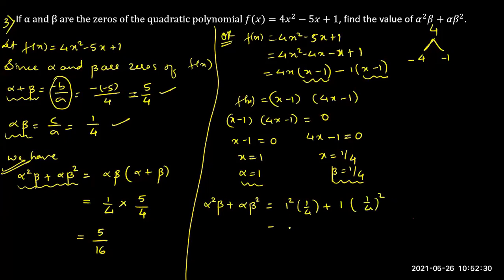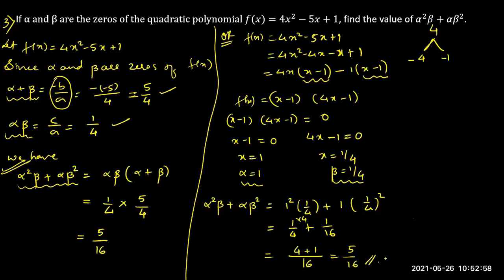So this is 1 by 4 plus 1 by 16. Correct? LCM is 16, and into 4 here, 4 plus 1. So answer is 5 by 16.